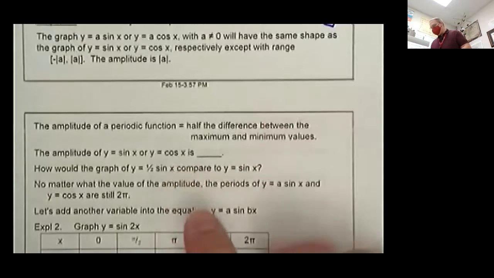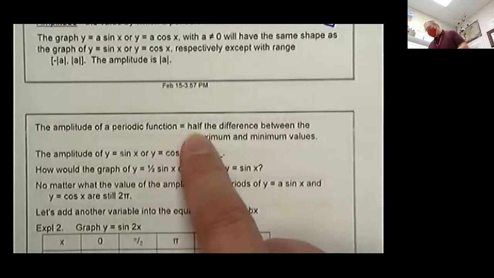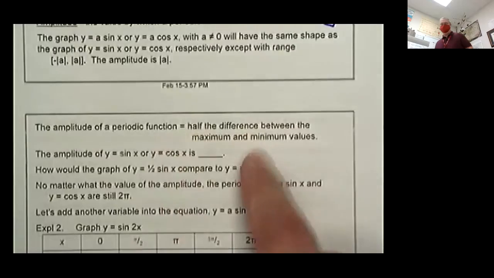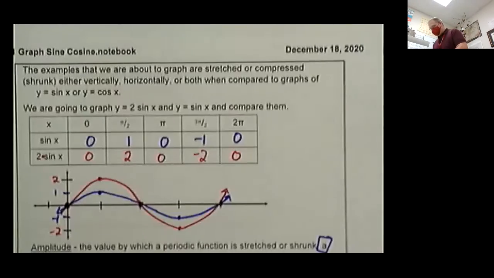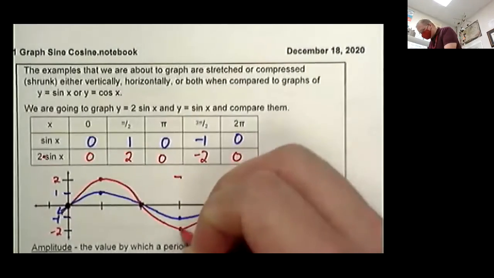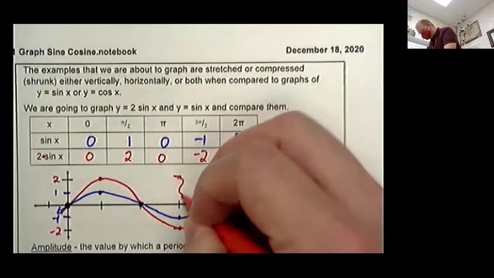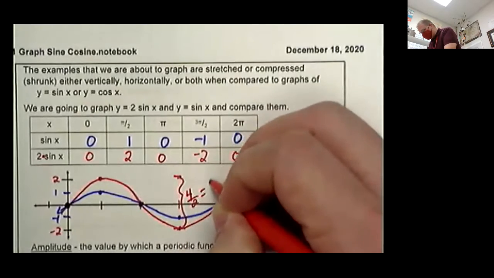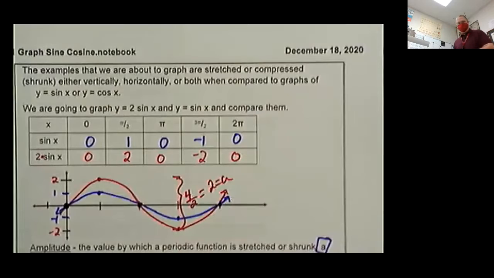The amplitude then of a periodic function is equal to half the measure of the difference between the maximum and minimum values. So if we looked up here, the maximum distance between 2 and -2 was 4. If we divide that by 2, we got 2, which is our amplitude.